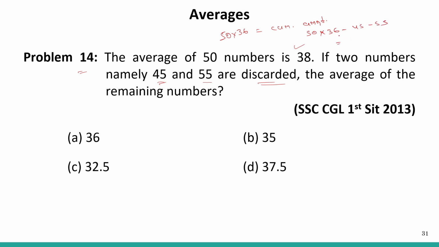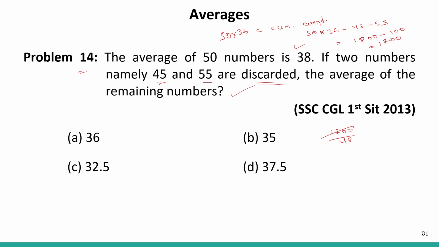It will be 1800. So this much minus 100 is equal to 1700, the remaining cumulative amount of 48 numbers. So to get their average, 1700 by 48, because we have discarded two numbers now. So the average of the remaining numbers will be this much.